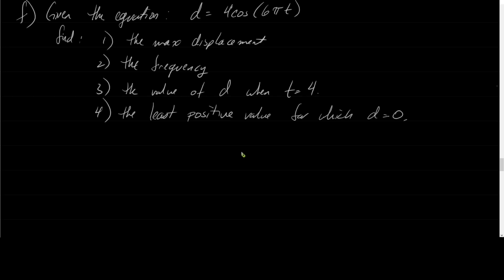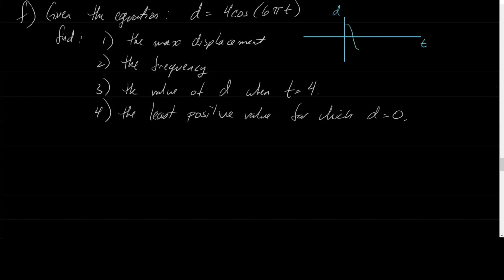So let's get a visual as to what's going on with the simple harmonic motion. The idea here is that because it's moving like 4 cosine, it's a cosine function. Notice that there's no horizontal shift or any vertical shift. So if this axis is d and this axis is t, then this is moving this way. Let's draw that a little bit better.